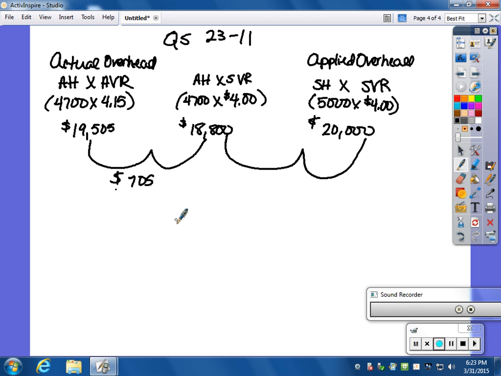And then what about between 20,000 and 18,800? It's 1,200. Is that 705 unfavorable or favorable? What's the difference between 20,000 and 18,800? 18,800 from 20,000 is 1,200.